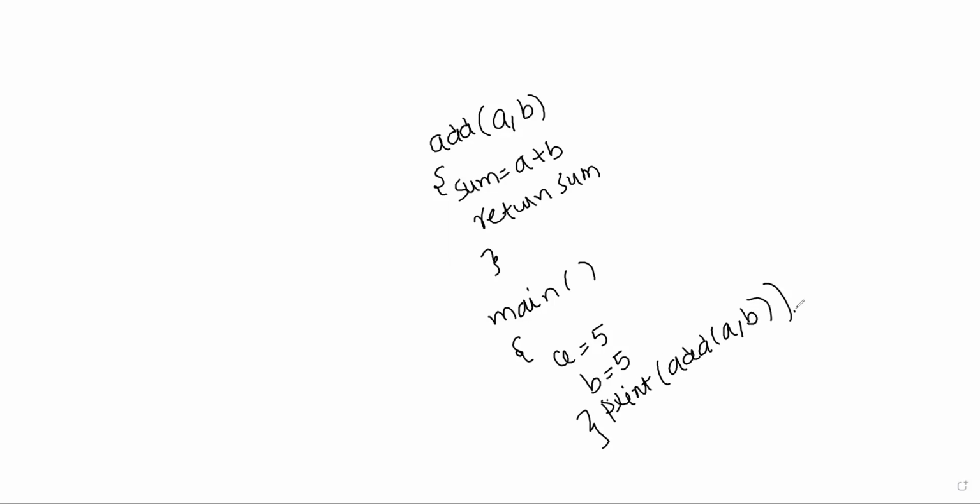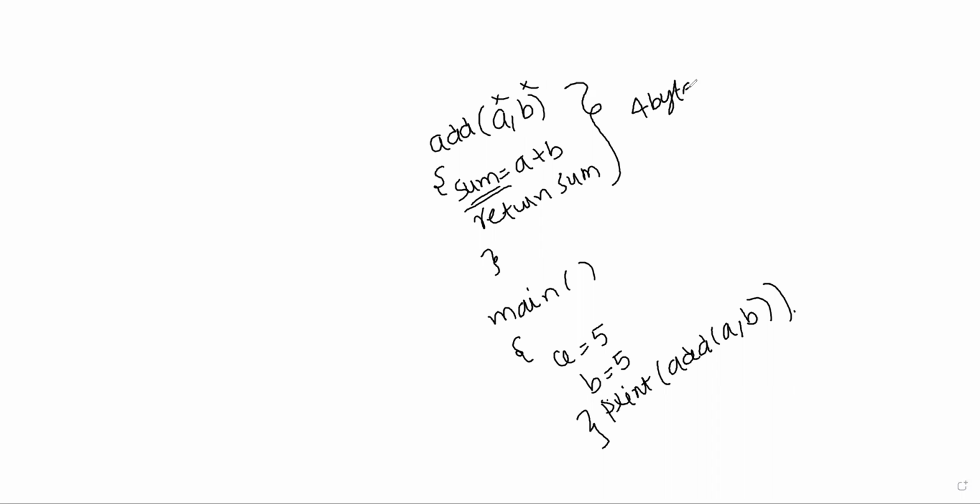So how many bytes is this function going to utilize? What is the new variable that got initialized here? A and B are already declared, so don't consider those. Yes, it's just sum. Sum is nothing but 4 bytes.